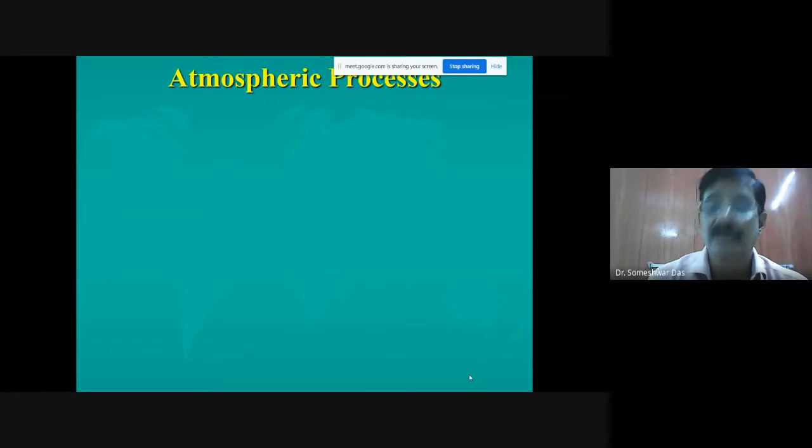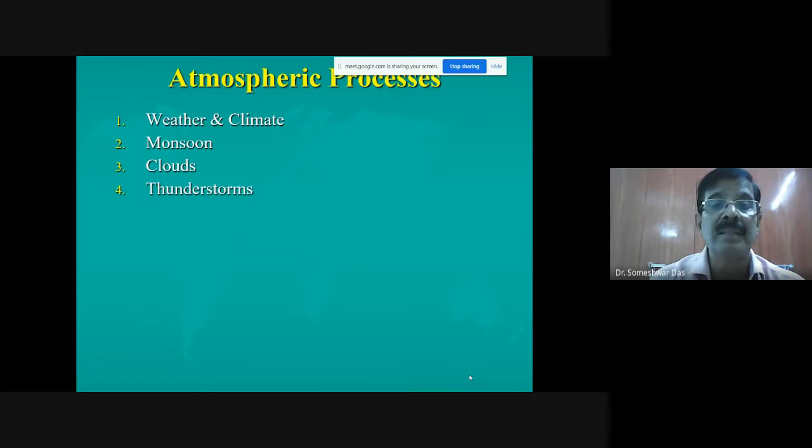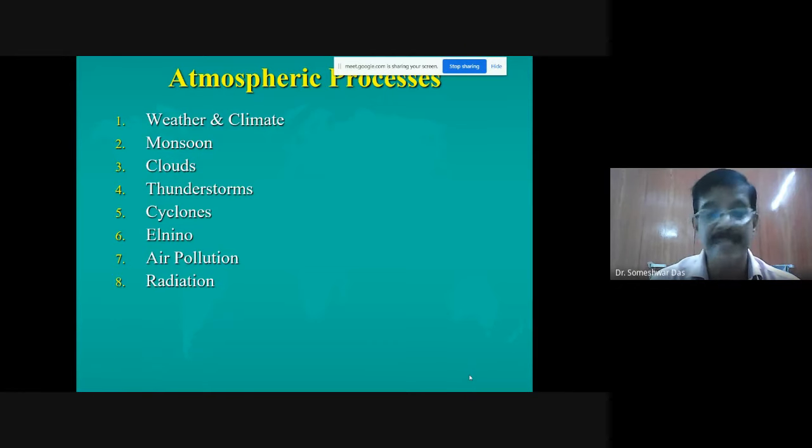The different atmospheric processes you already know: the way weather and climate evolve, the monsoon systems, the cloud processes, different types of cloud, thunderstorms, cyclones, El Nino phenomena, air pollution, radiation mechanisms, convection, boundary layer, land surface processes, and so on.